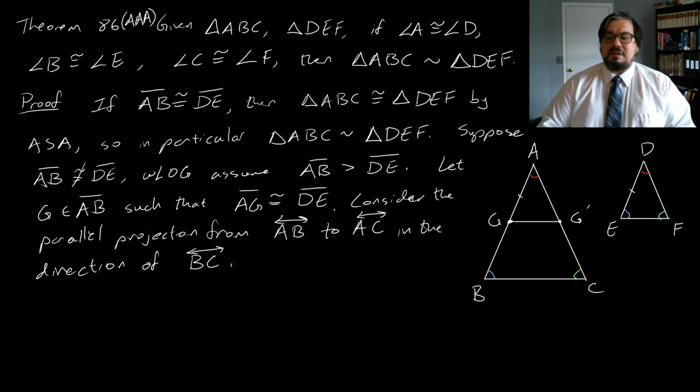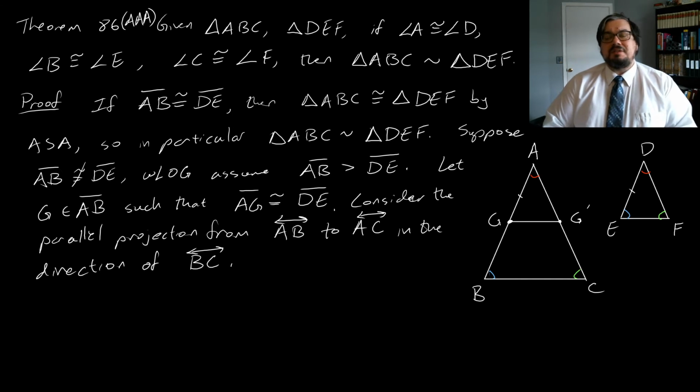So we've got our two lines AB and AC, and we can consider the projection from one to the other in the direction of some existing transversal. Well, one transversal to the lines AB and AC is the line BC, and so we can construct this parallel projection. Another way of thinking about it is that we're constructing a line that goes through the point G, which is parallel to the line BC, which is just another way of saying what we're doing.